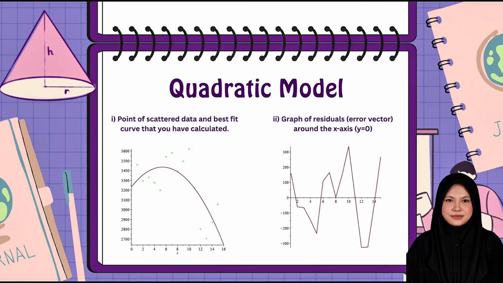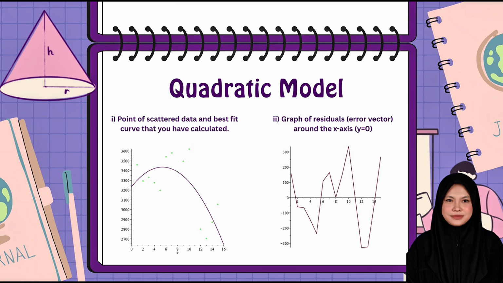In this final slide, the graph on the left shows the scattered data points together with the quadratic best fit curve that was calculated. The curve generally follows the overall pattern of the data, indicating that the quadratic model provides a fairly good approximation of the relationship between the variables.